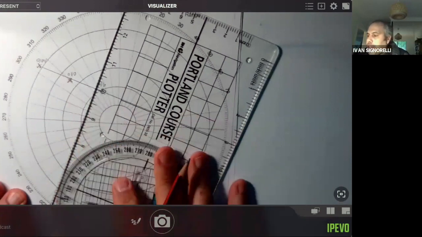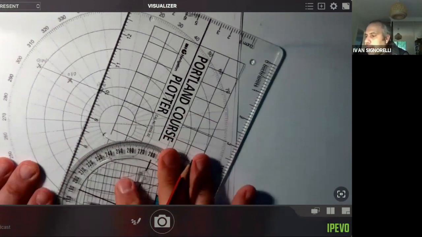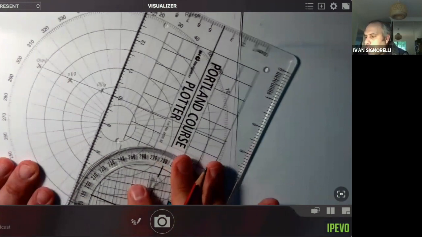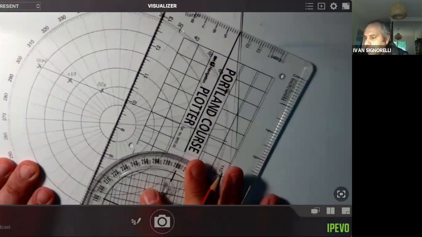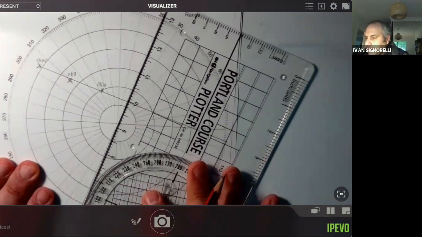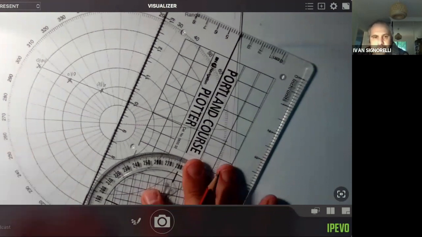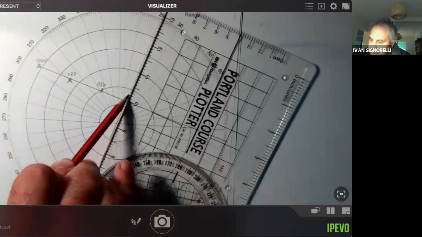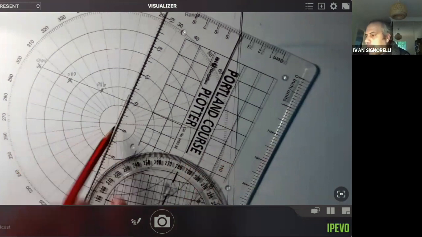Then I'm going to shift the ruler down at 90 degrees to that line until the ruler goes to the middle of the plotting sheet, just like that. Then I'm going to draw that line there. So this is a 90-degree angle here.